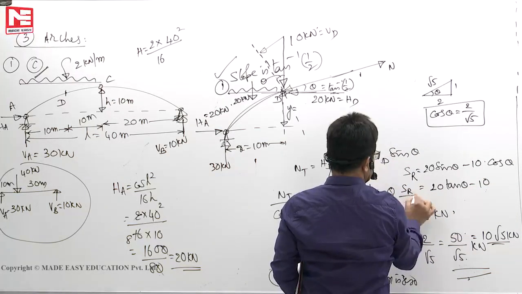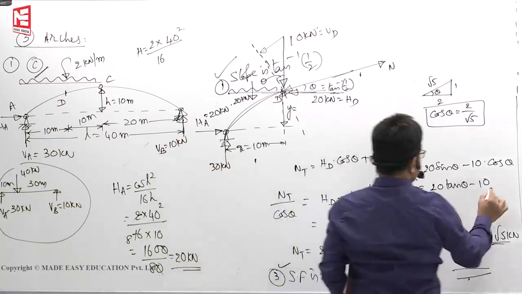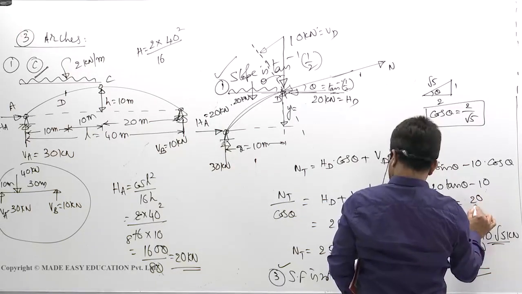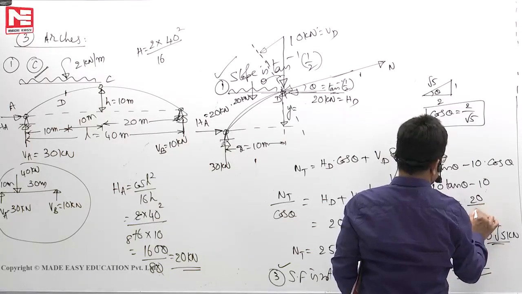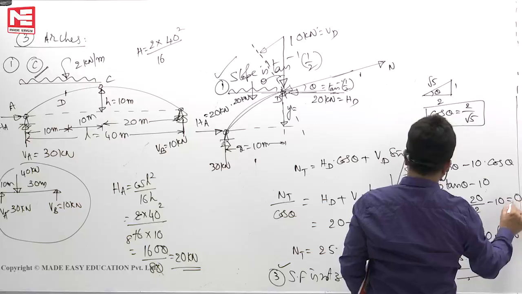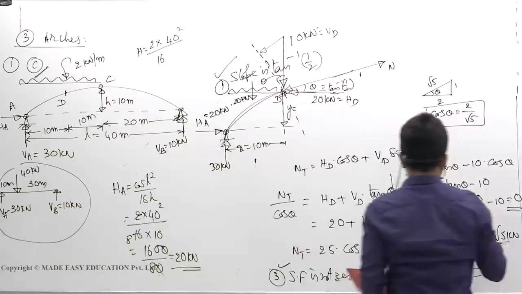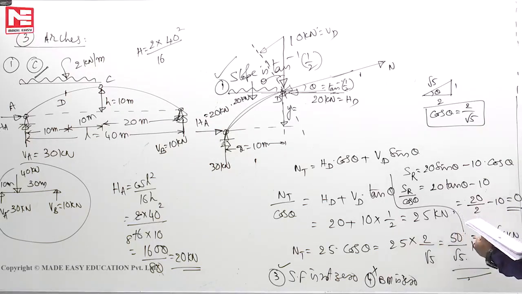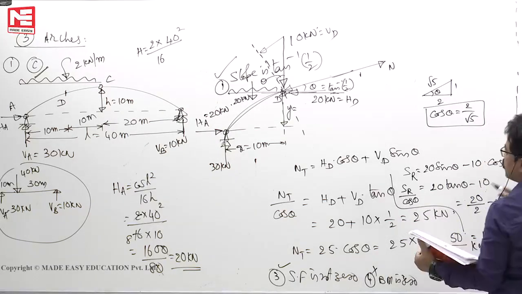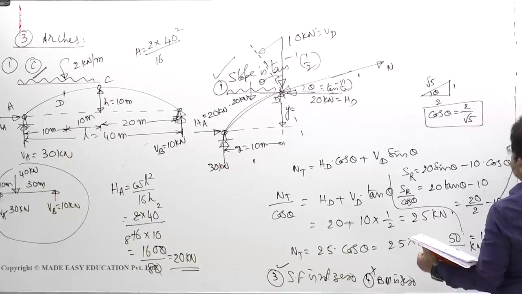This is SR by cos theta. So 20 tan theta, tan theta is 1 by 2. So 20 by 2 minus 10, so shear force is 0 you are getting. So radial shear is 0. He says not 0, so the third statement is wrong. Only 1 is correct. So with this analysis, you can come to the conclusion.